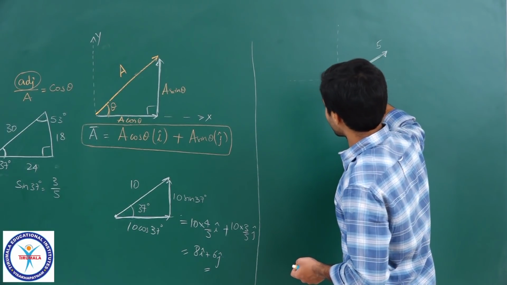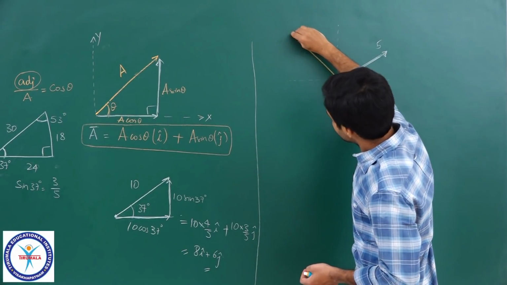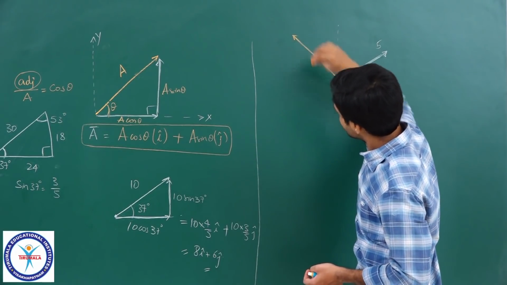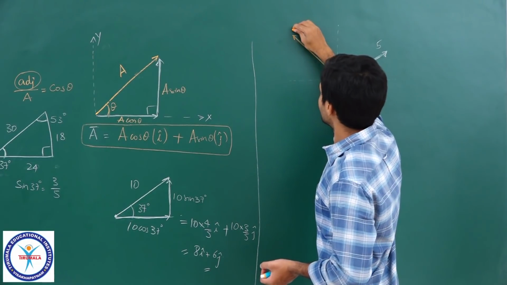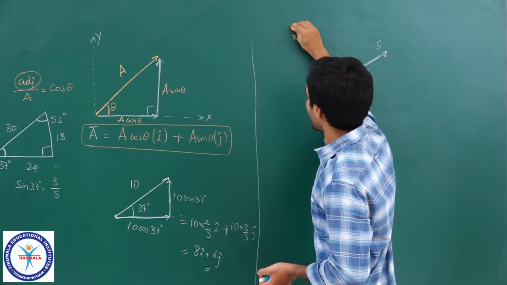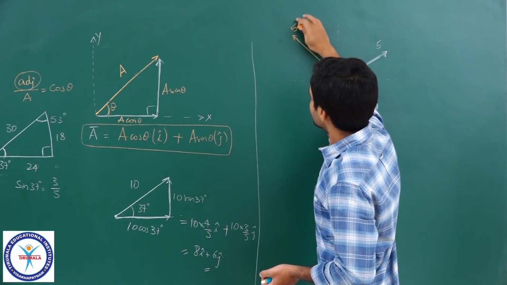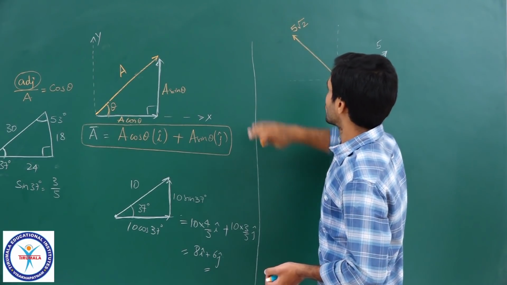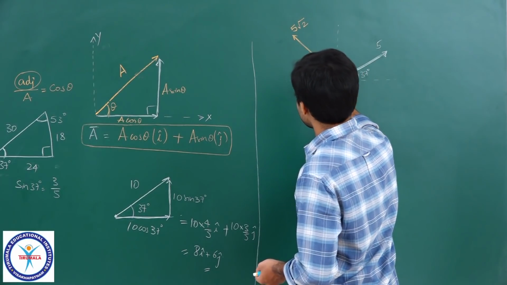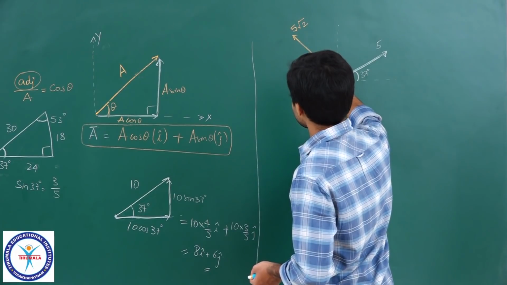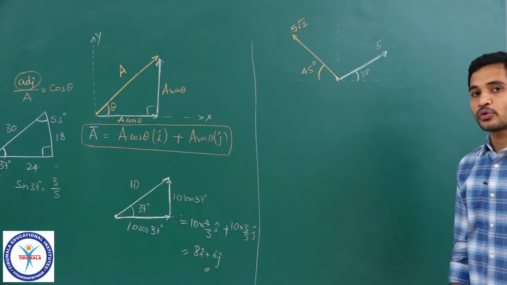Now, this is the second vector, clear. Let us say this vector has a magnitude of 5 root 2 and it is making an angle of 45 degrees with the negative x axis, clear. So, we have two vectors.